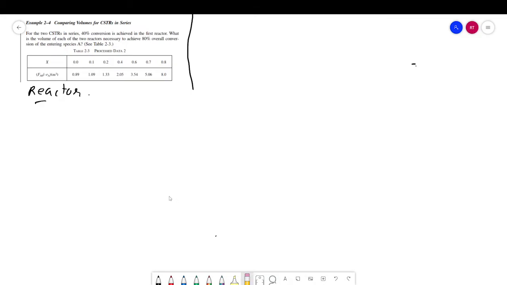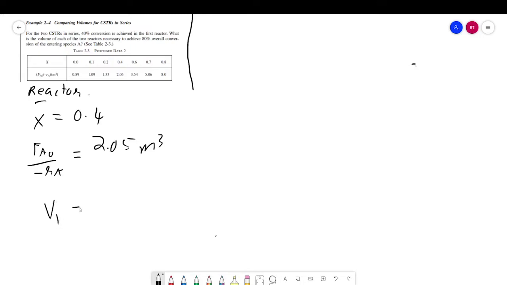Now let's write the first equation. What we know is that for X equal to 0.4, FA0 by minus RA is equal to 2.05 meter cube.